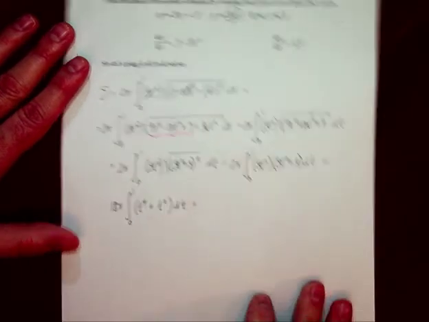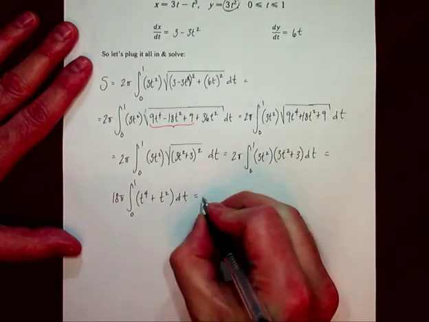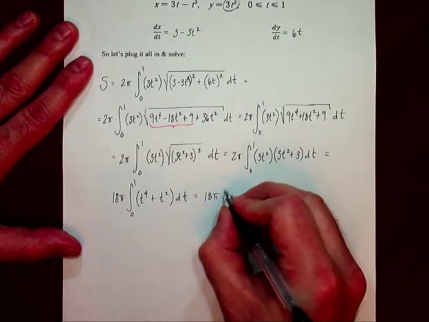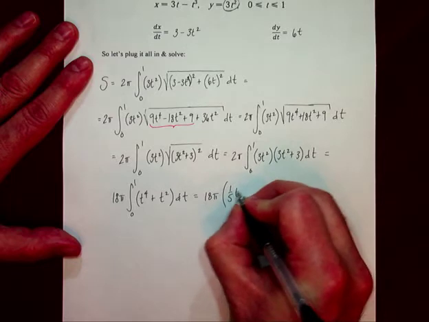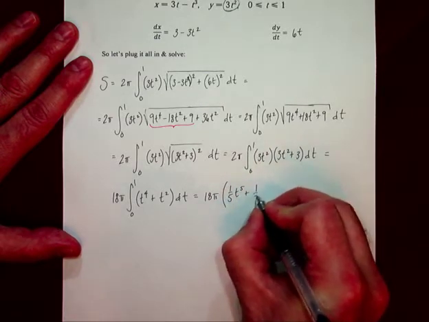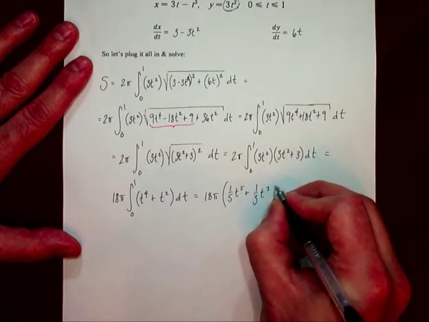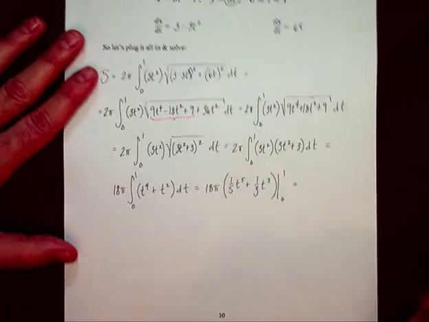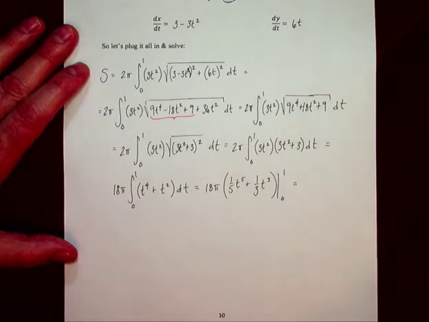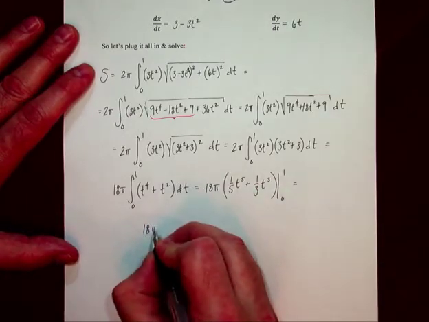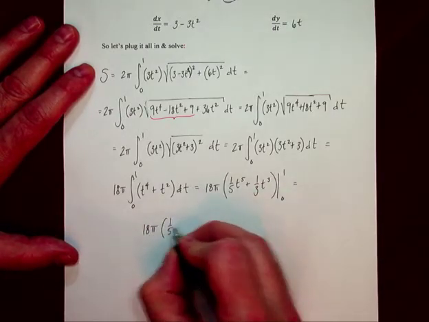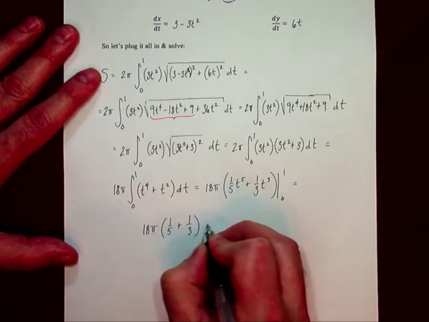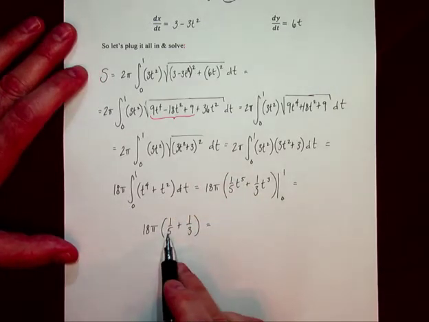Now, for something that was really messy, that wound up cleaning up rather nicely. And so I get 1/5 t to the fifth plus 1/3 t cubed, evaluated from 0 to 1. Now, of course, when you plug in the zeros, you're going to get 0. When you plug in the 1, you're going to get 1/5 plus 1/3. Well, 1/5 is 3/15.